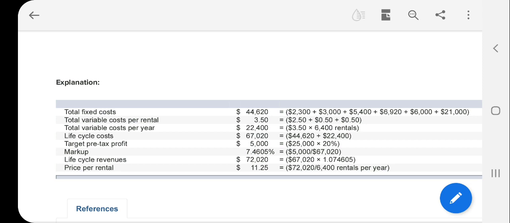I will share with you the soft copy of this question. Okay, so you add all these fixed costs. You will see that the total fixed cost is equal to 44,620.